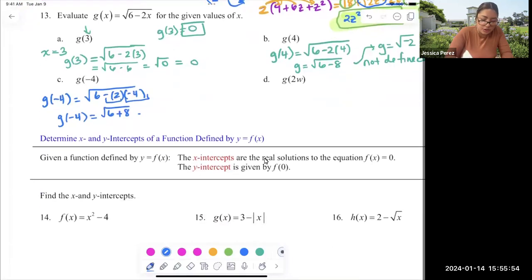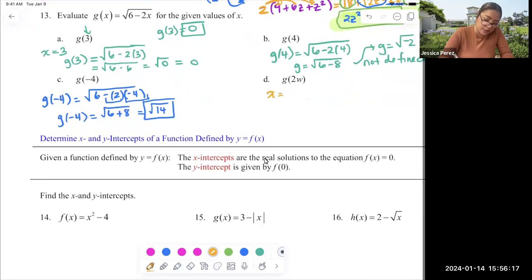So this would be equal to the square root of 14. And that would be your answer because you can't simplify the square root of 14. This would be 2 times 7, which both of them are prime, and therefore you cannot simplify it, if you will.